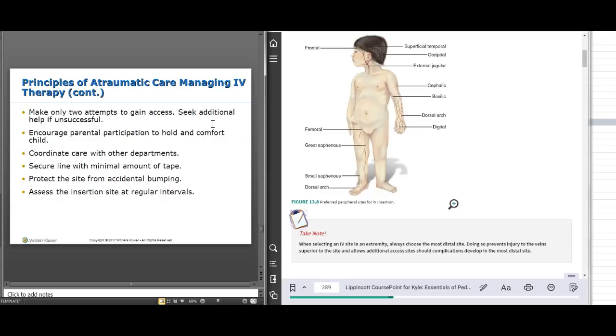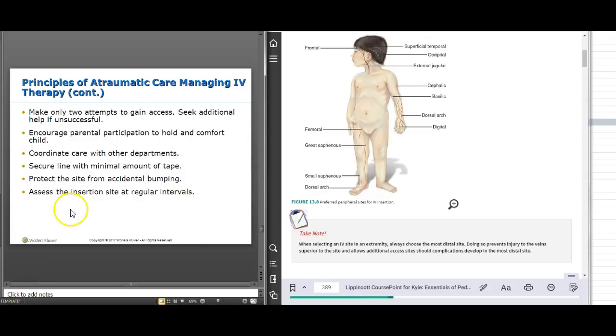Now, a lot of places do have an IV team that you can call if you're having a difficult time finding an IV site or getting an IV stick. Lab will come and draw blood for you if you're having a hard time getting labs. But don't continually poke your child. If you feel like you can't get it and you say, my skills aren't that great, then call somebody else. Okay? Minimize that trauma.